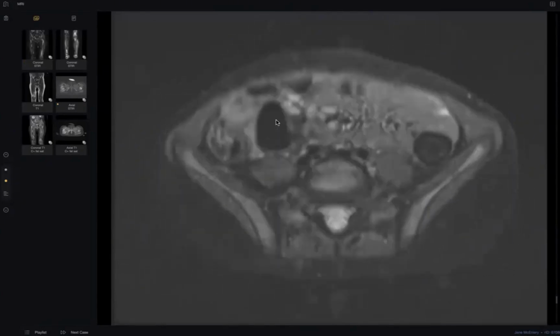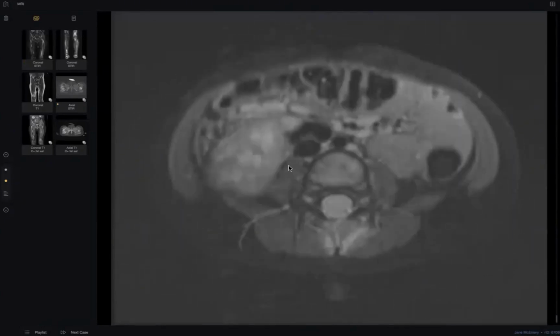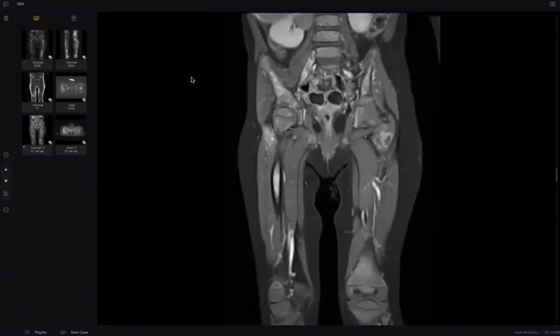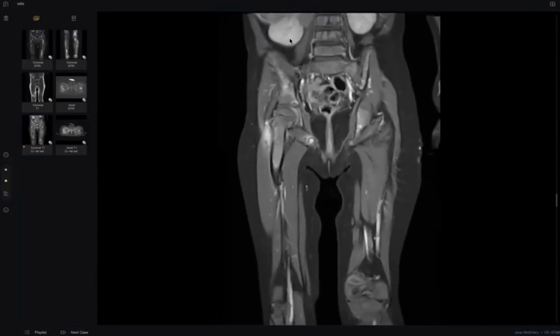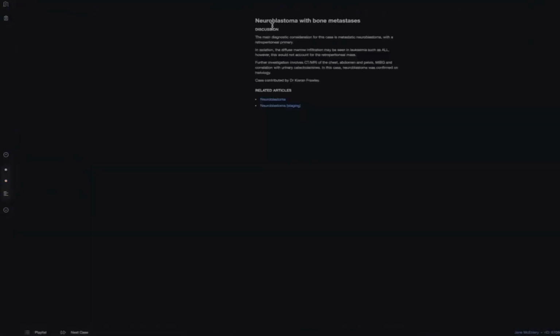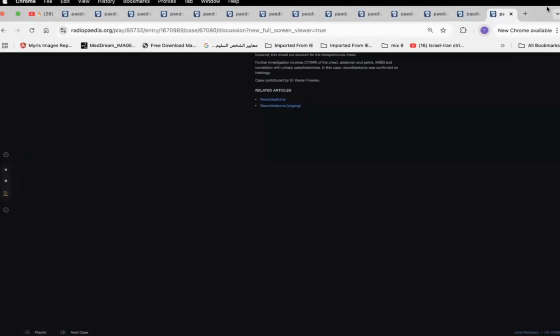He wants from you, see here, this kidney is not like this. Here, much better. So it was a neuroblastoma with bone metastasis. Thank you, Dr. Omer, so much.